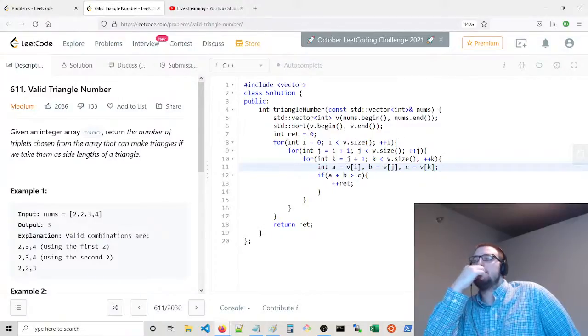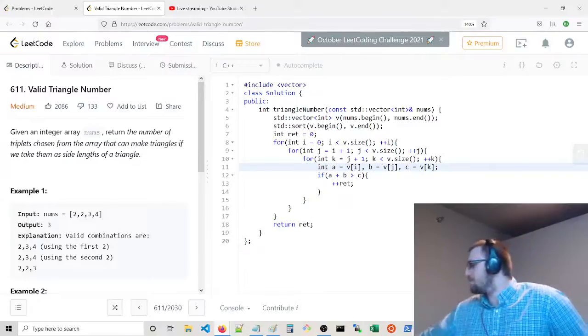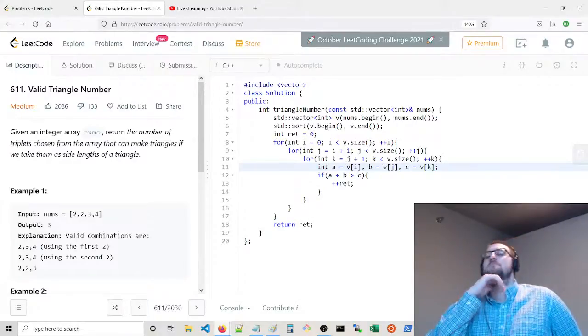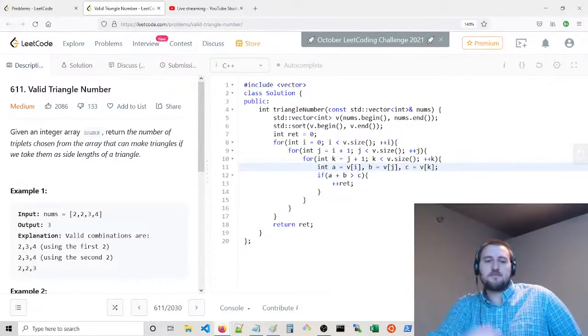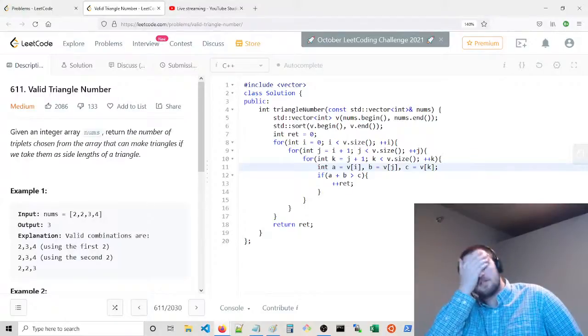You can maybe choose for each A and B, you can find a C, like all of the C's that are smaller, I guess.